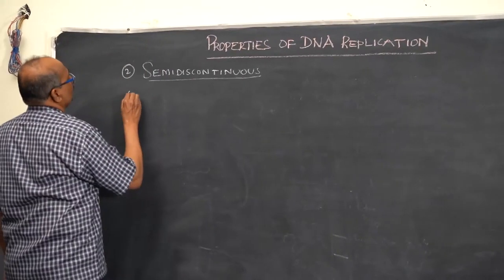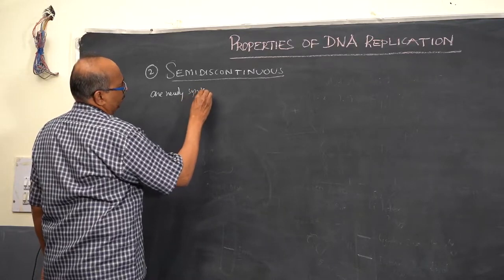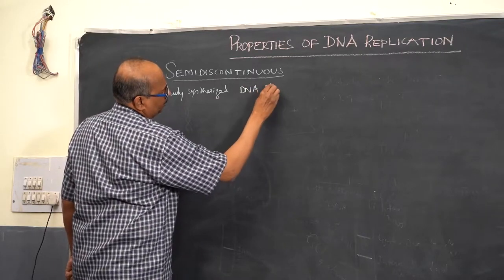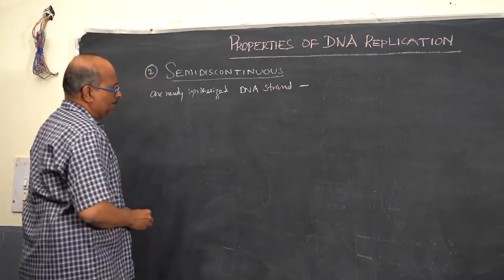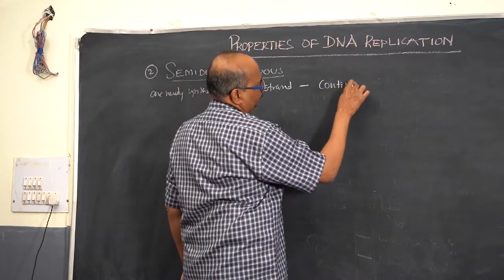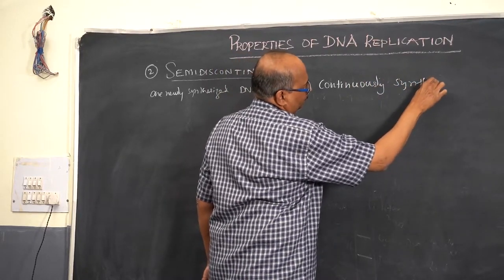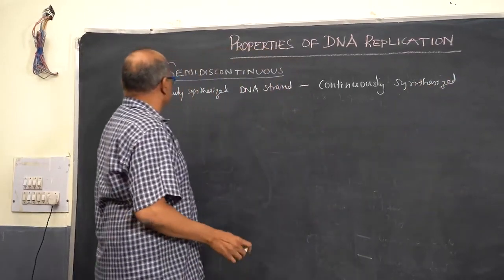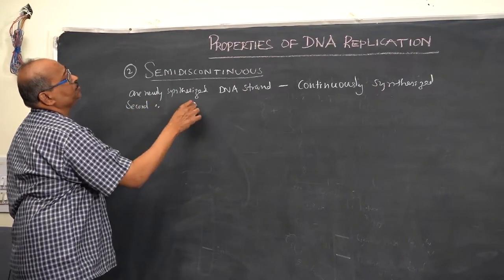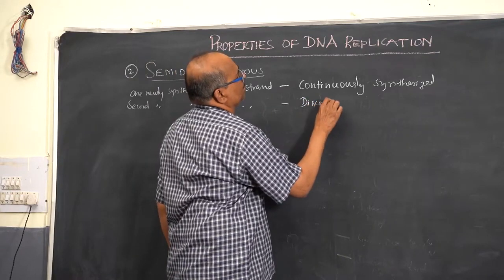So, one newly synthesized DNA strand will be continuously synthesized, whereas the second newly synthesized strand will be discontinuously synthesized.